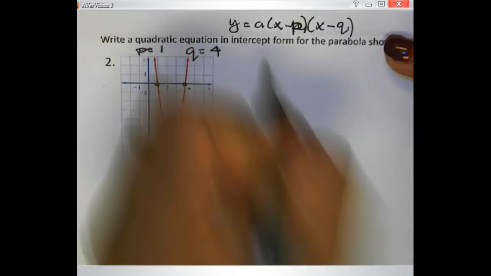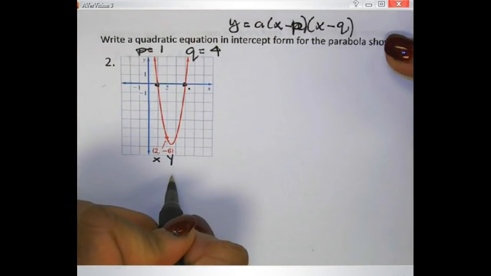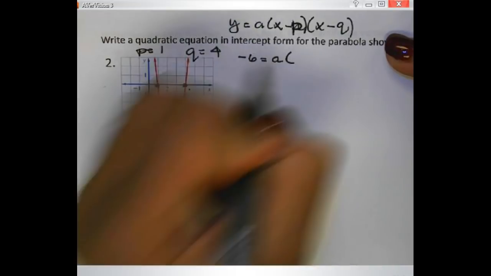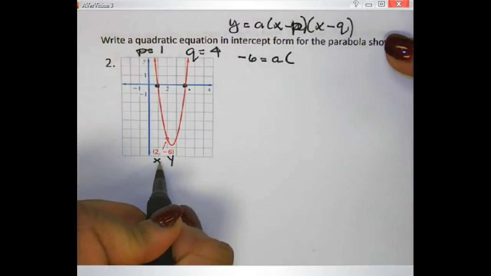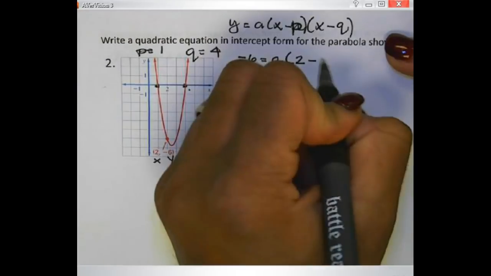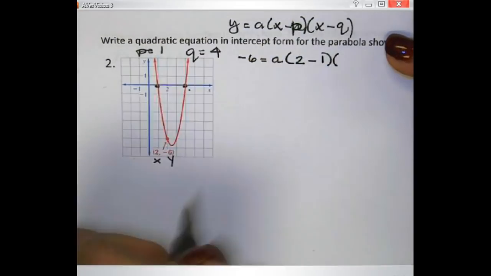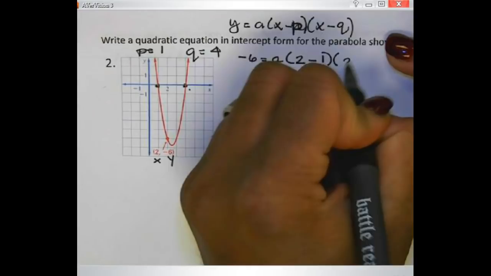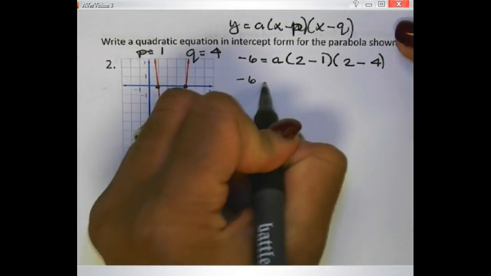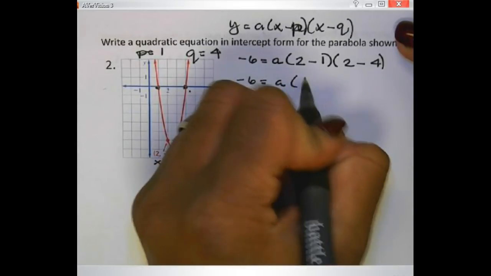Let's plug in everything we know. Instead of y, I'm going to put -6 equals a times (x, which is 2, minus p, which was 1) times (x, which is 2, minus q, which is 4). I'm going to go ahead and simplify.